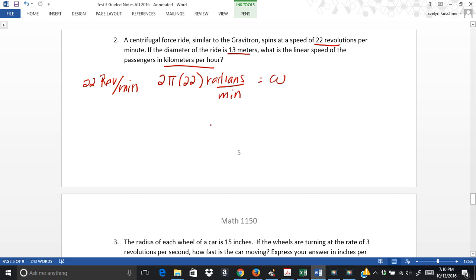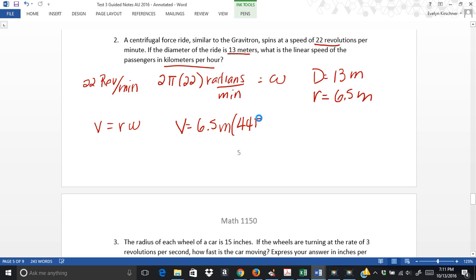I have a diameter of 13 meters, but everything we're doing uses a radius, so my radius is half of that, or 6.5 meters. Now I have my omega, and remember that v is r times omega, so v is 6.5 meters times 44 pi radians per minute, because 22 times 2 is 44.